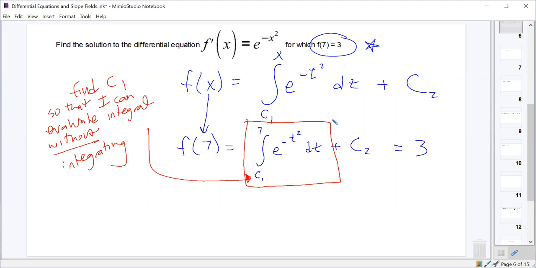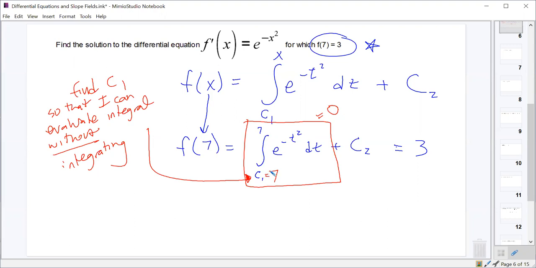7. Why 7? Because of the rule with the same upper and lower limits. Exactly. If we integrate from 7 to 7 of any function, what do we get? 0. We get 0, right?